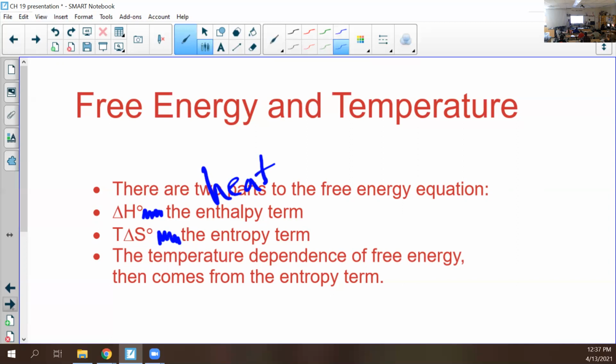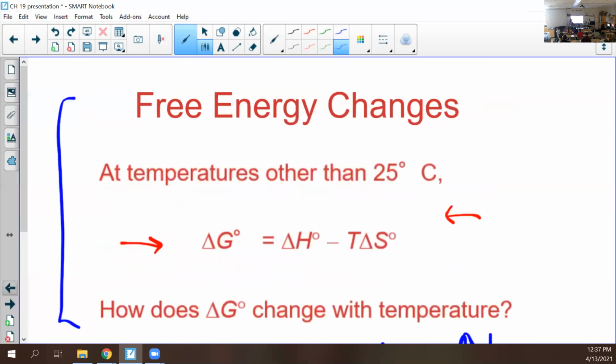The temperature dependence on free energy then comes from the entropy term. So we've got a tricky thing coming here. It means in the equation, if I'm saying entropy depends on temperature, it's this piece. Ignore that for a minute.